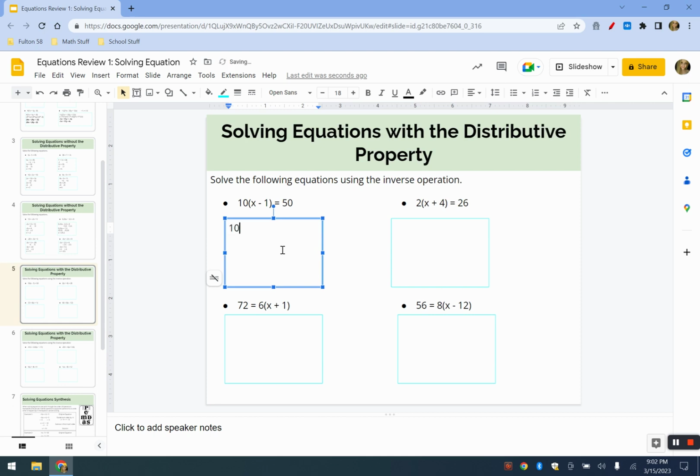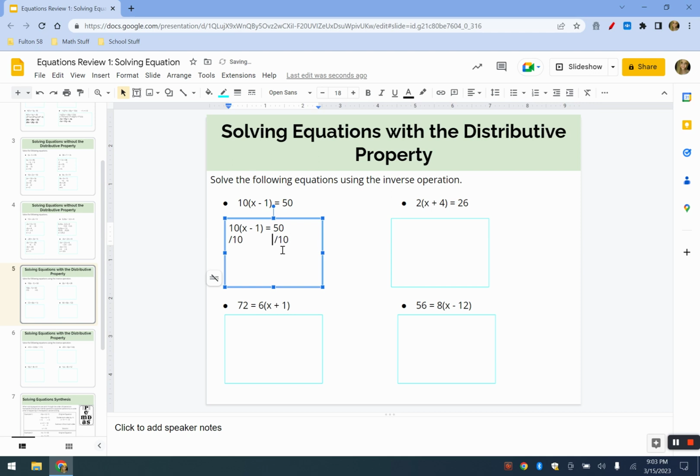So, first step always rewrite our equation. Now, again, we have 2 different ways of solving this. Some of you like to distribute first, but I always go for the quick way of dividing both sides by the number in front of the parentheses.